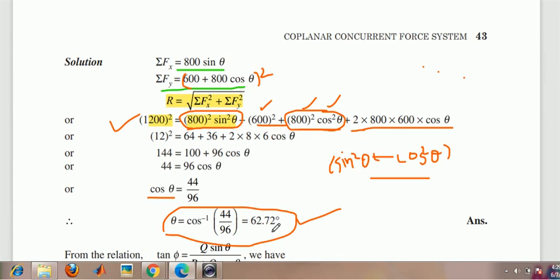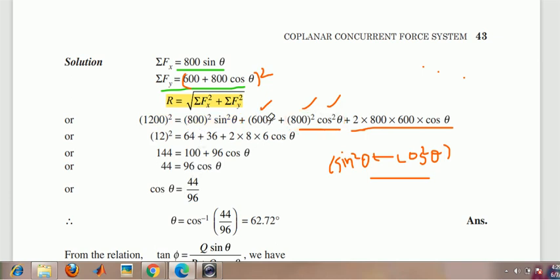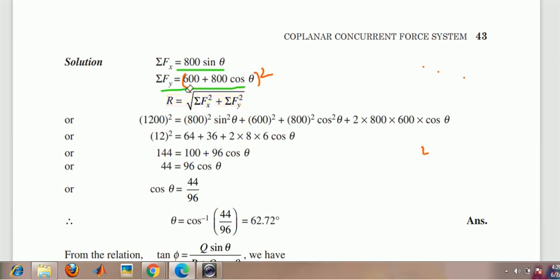So now you need to find out the direction of resultant. So we know that while proving the parallelogram law, we have one equation to find out the resultant as well as the direction.